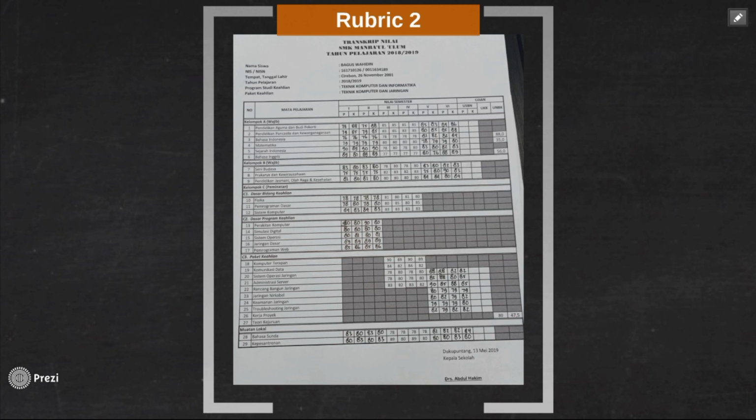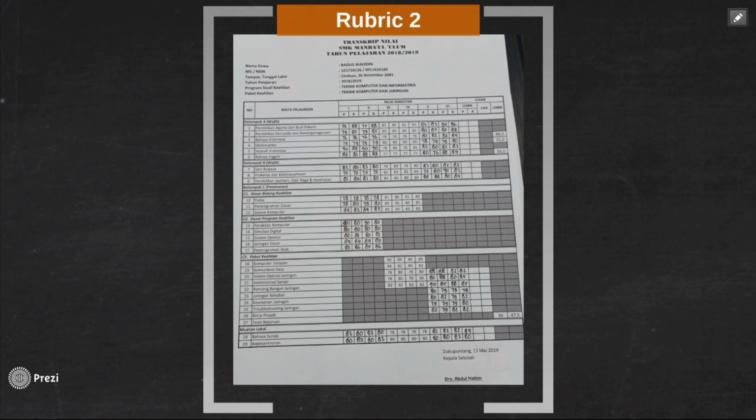In this compilation of the score, which we call the transcript score, it just contains the psychomotor score and cognitive score. And for the examination, it shows the USBN score, UKK score, and UNBK score.